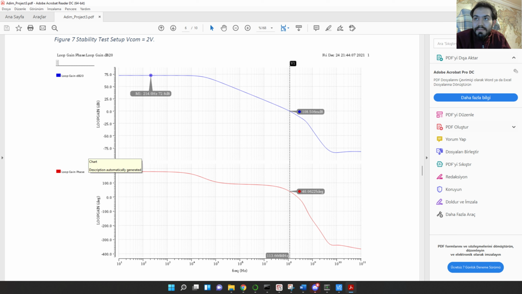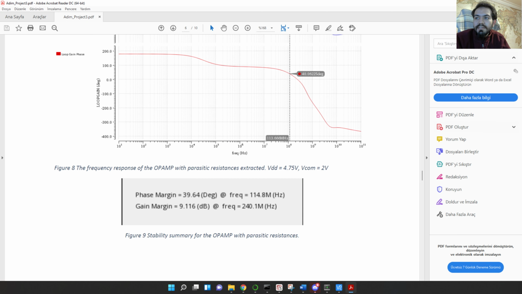To my surprise, we actually lost some gain and stability when we extracted parasitic resistances. Our stability actually fell down to 40 degrees, which is not quite nice. But one nice thing is we still have a high gain bandwidth product.